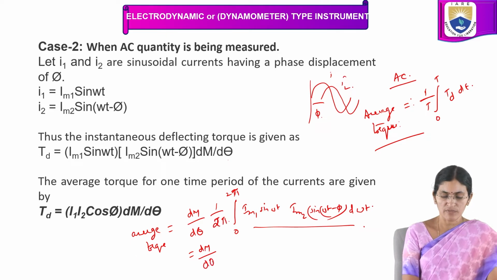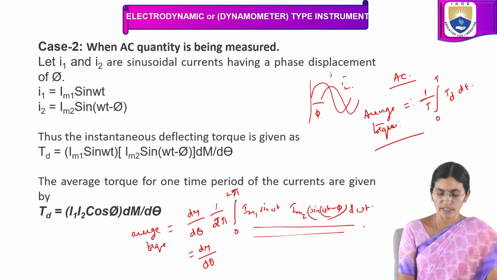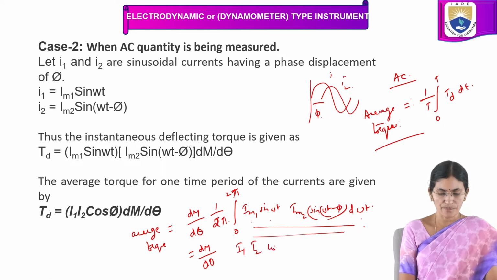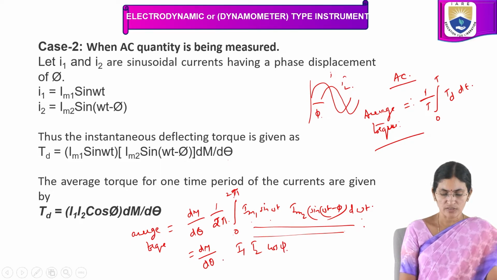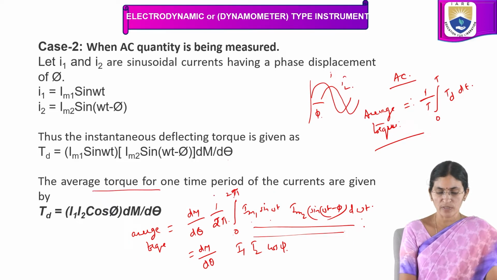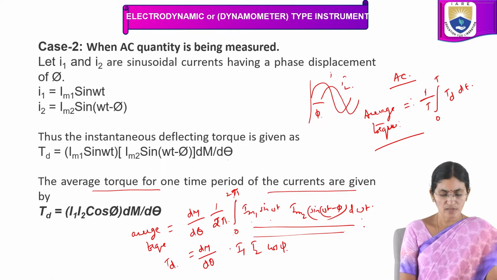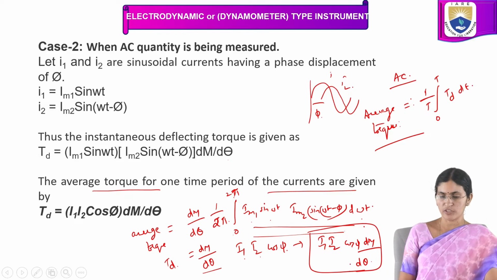When we solve this integration from 0 to 2 pi of Im1 sin omega t, Im2 sin of omega t minus phi with respect to d omega t, we will get I1 I2 cos phi. Therefore the average torque for one time period of the currents is given by Td equal to I1 I2 cos phi dM by d theta. So this is the equation for the average torque.